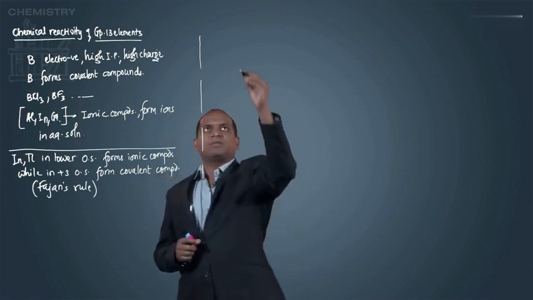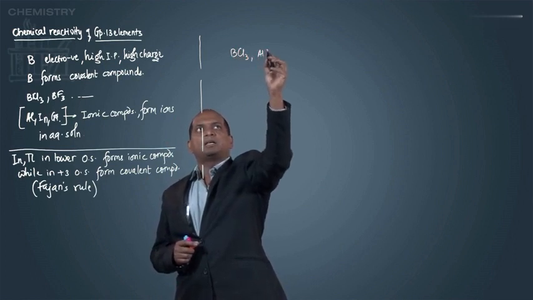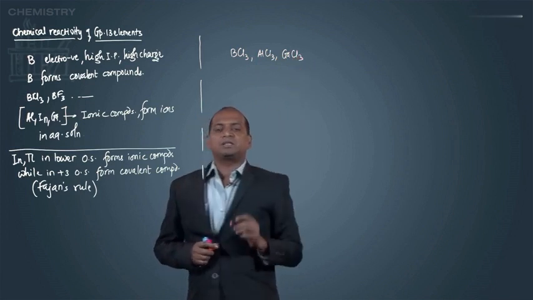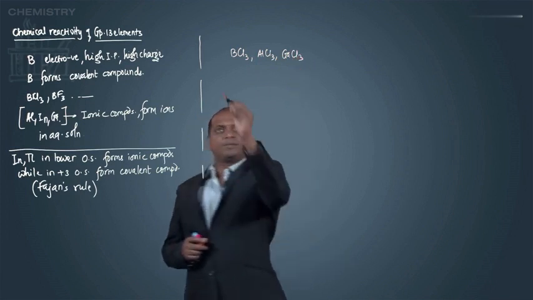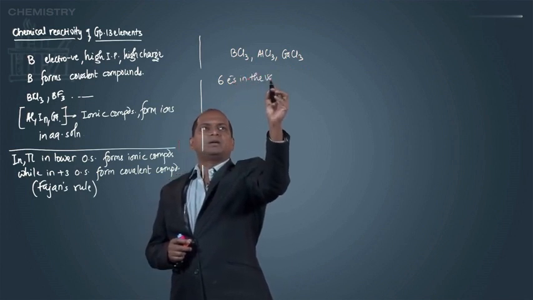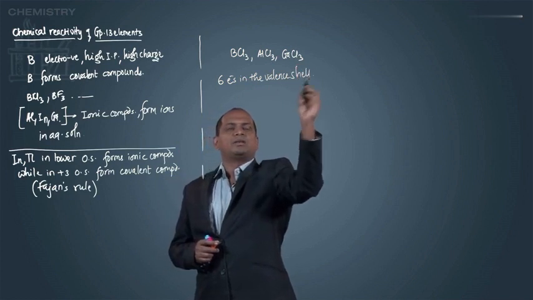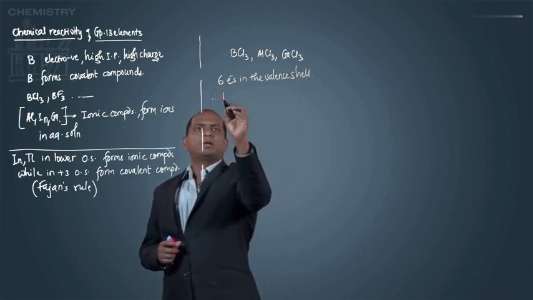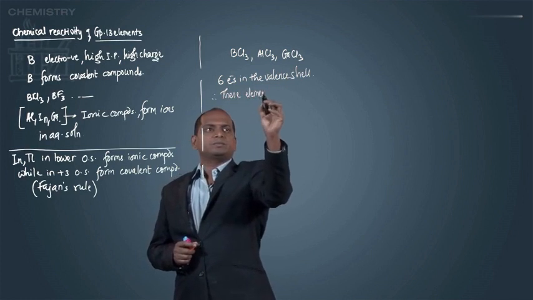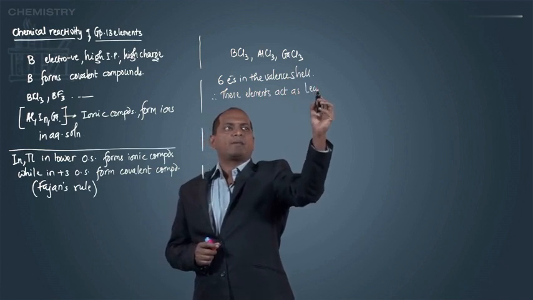For example, if I consider BCl3 or AlCl3 or GaCl3, there are 6 electrons in the valence shell of the central atom. Therefore, these elements act as Lewis acid.